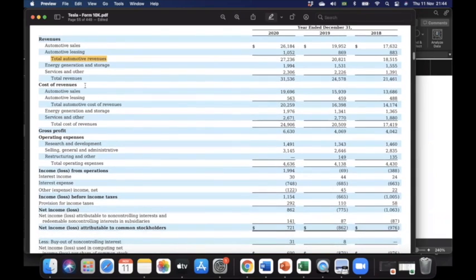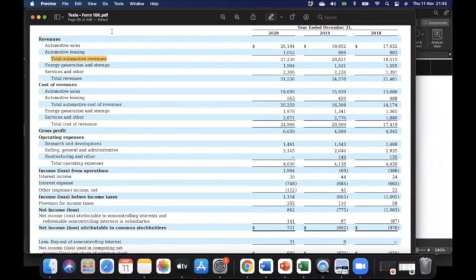Then we have here the cost of revenues. Cost of revenues is the same thing as cost of goods sold, custo da mercadoria vendida, or COGS. Okay, it's the same thing, but the terminology used here is cost of revenues. Why? Because they have products and they have services. So it's not cost of goods, okay? It's cost of goods and services, so they use the terminology cost of revenues.